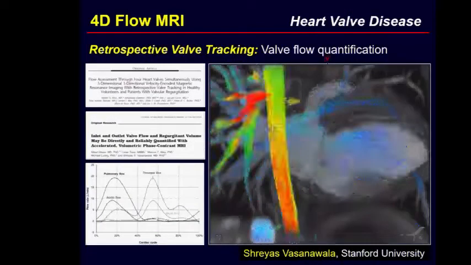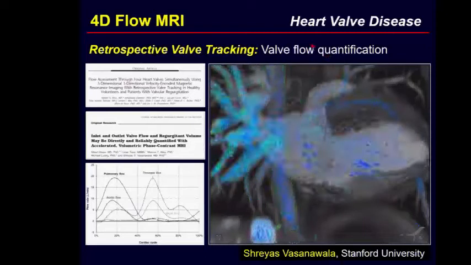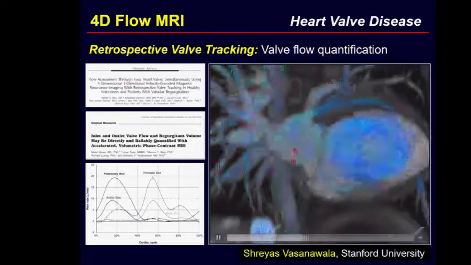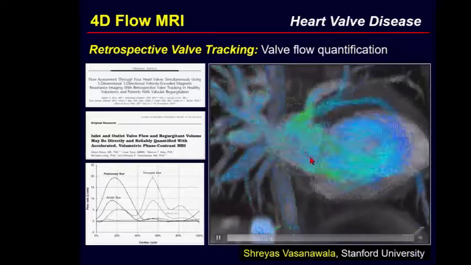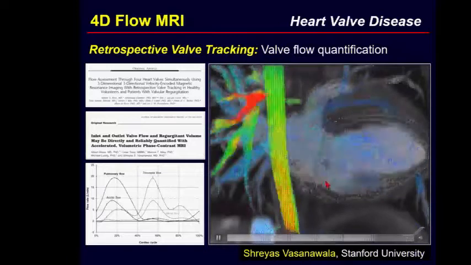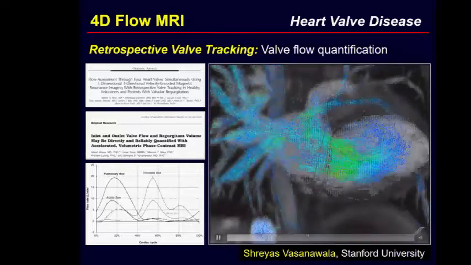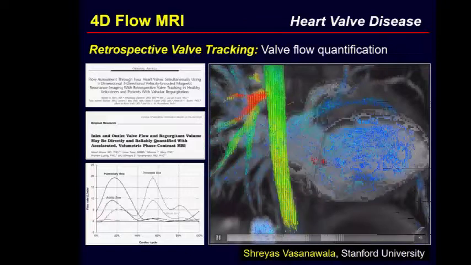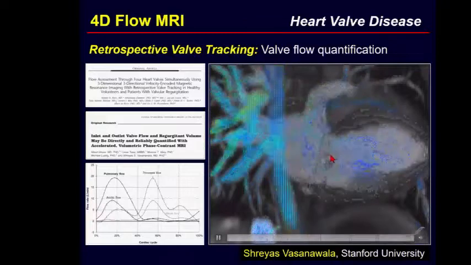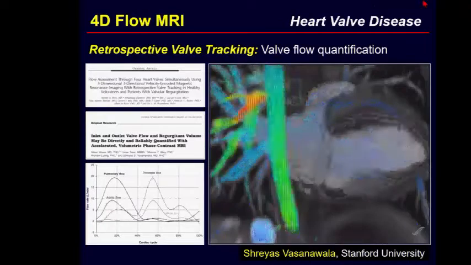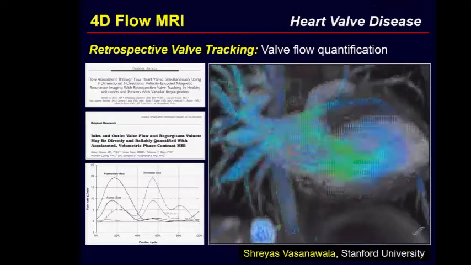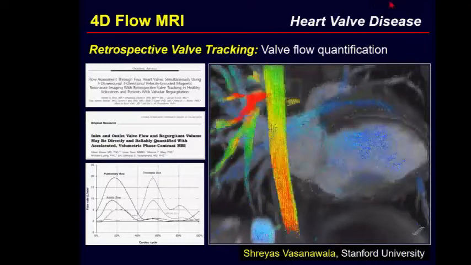One prime example, or one important example in my mind, is heart valve disease, and particularly tricuspid and mitral regurgitation and stenosis. The challenge here, as you can see if you look at the motion of the base of the heart, is that there's a movement of the valve plane. Both echo and 2D phase contrast MRI are not good at all at characterizing mitral regurgitation or tricuspid regurgitation in this disease.